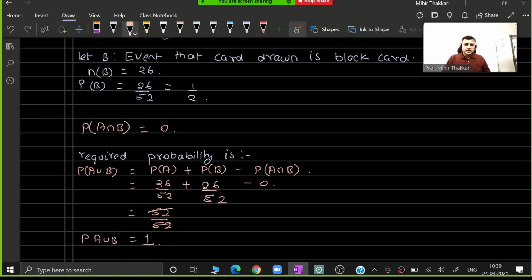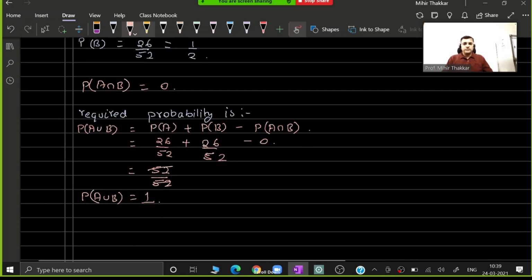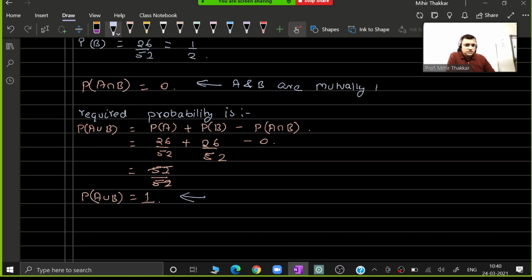So guys, because I am getting that probability of A union B is equal to 1 and probability of A intersection B equal to 0, just for your information, though it is not asked to us in the question, here I can identify from this that A and B are mutually exclusive because they don't have any common outcomes, and because the probability is 1, therefore A and B are exhaustive events.